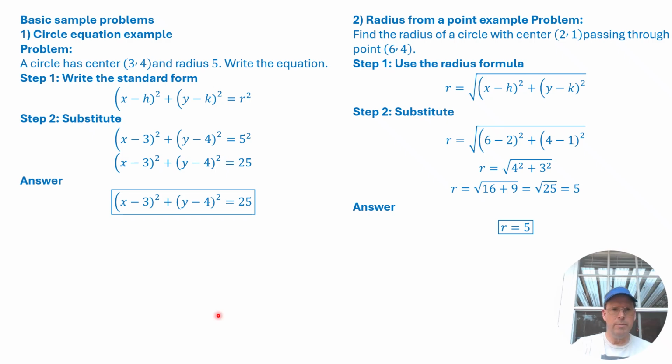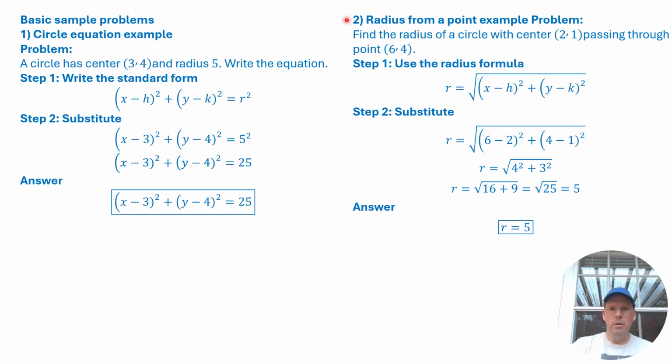And let's do a sample problem for those equations. So a circle example. Let's say a circle has a center of (3, 4), radius 5. Write out the equation in the standard form. Here's the standard form. Substitute in the numbers, and you go ahead and write it out, and it's basically just the answer for the equation of the circle.